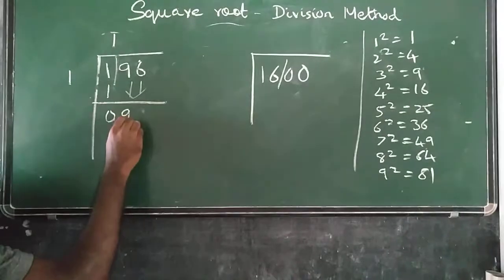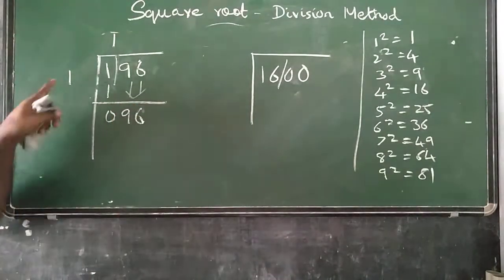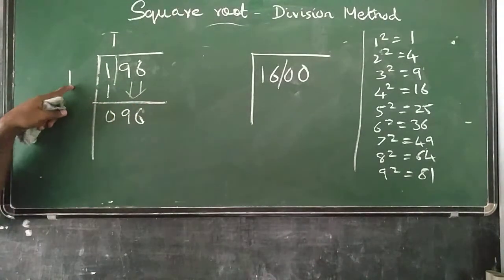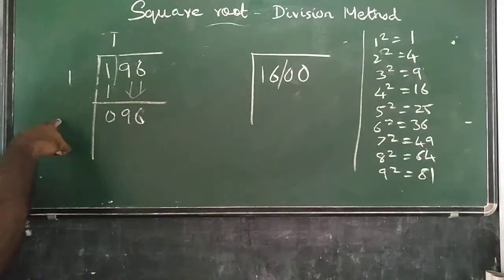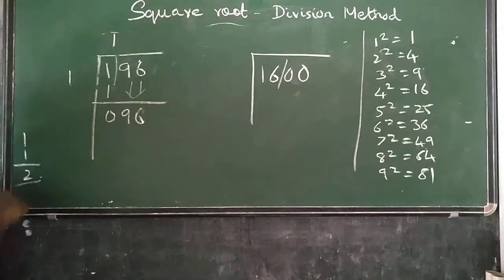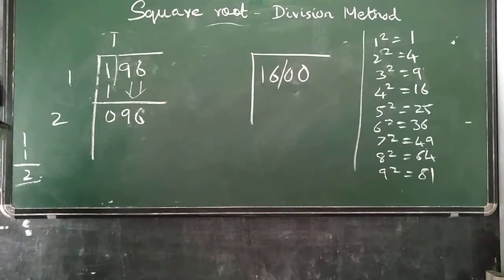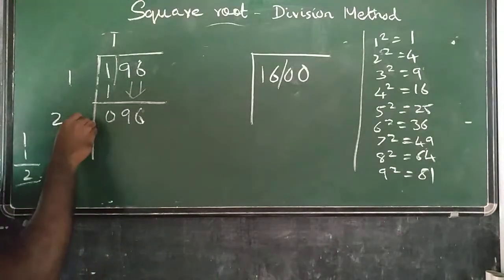So take 96. Now here 1 is there. You have to multiply this 1 by 2, or add this 1 and 1. So the answer is 2. Write here 2. Now here 96 is there. Here you have to fill 1 digit.